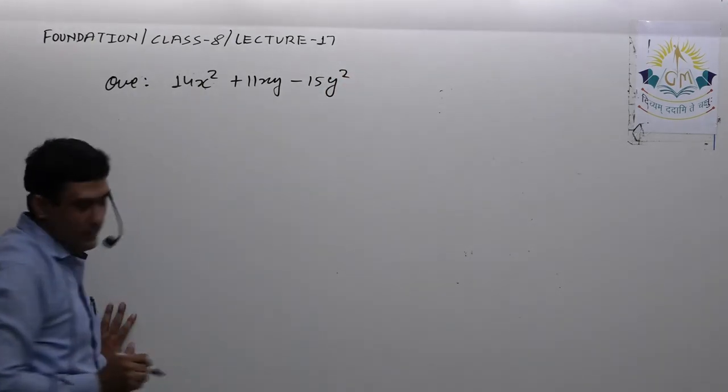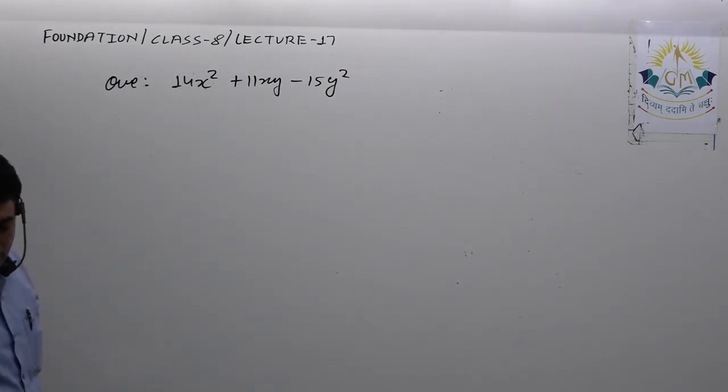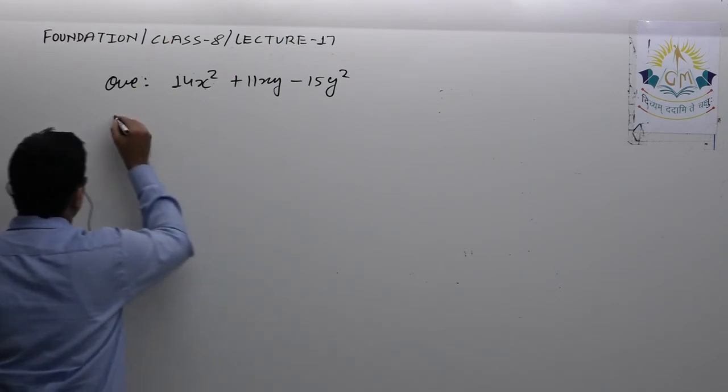Okay, 14x square plus 11xy minus 15y square. So let us see.